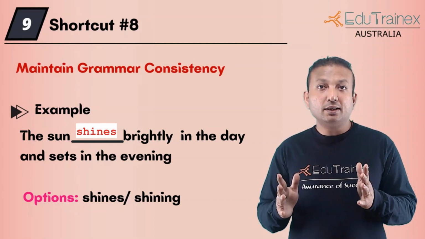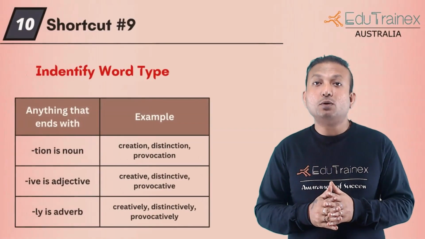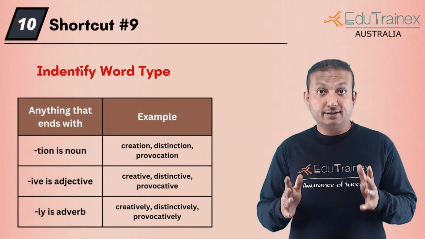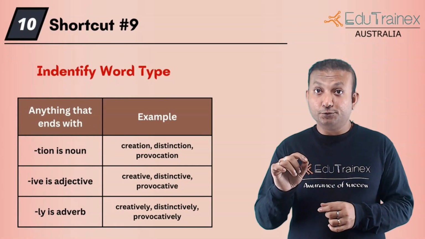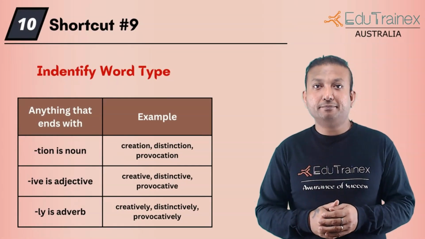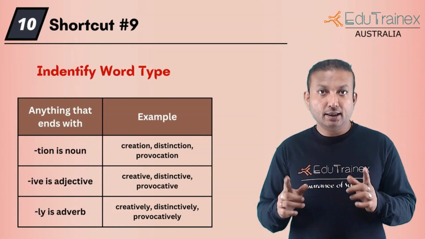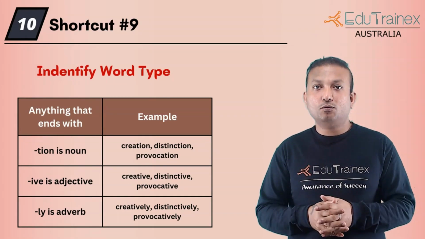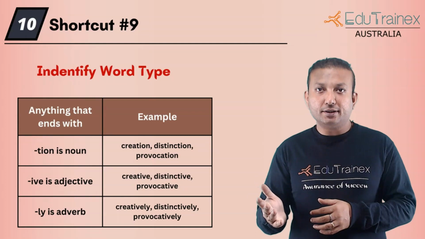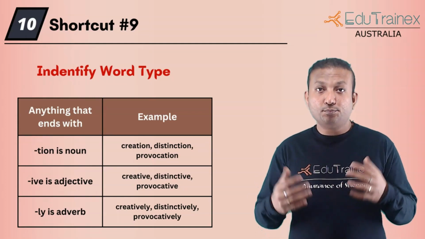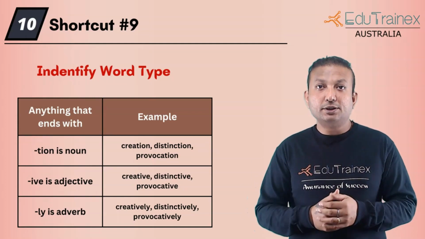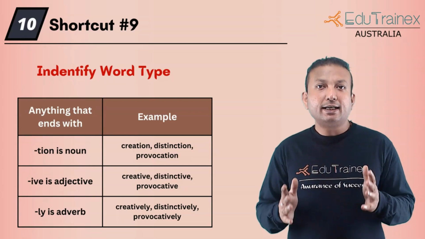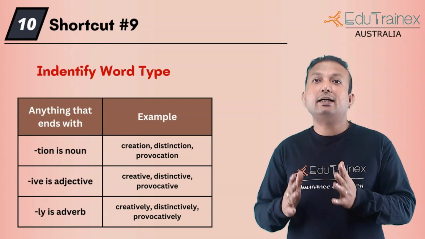And the last one is using shortcuts to identify which type of words they are. This is very useful. Please note it down somewhere. Number 1, anything that ends with "tion" is a noun. For example, creation, distinction, provocation. Number 2 is anything that ends with "ive" is an adjective.